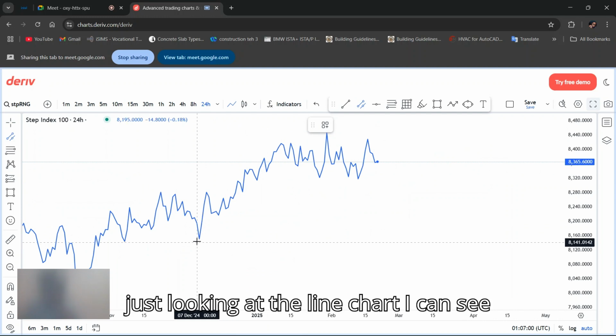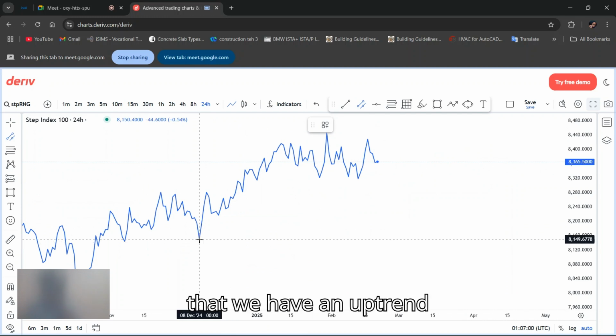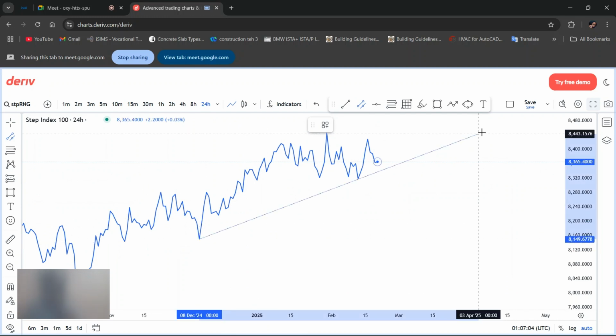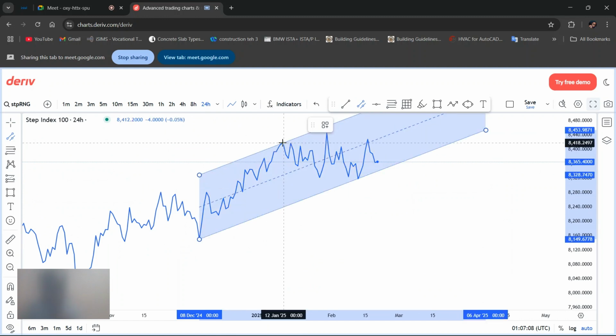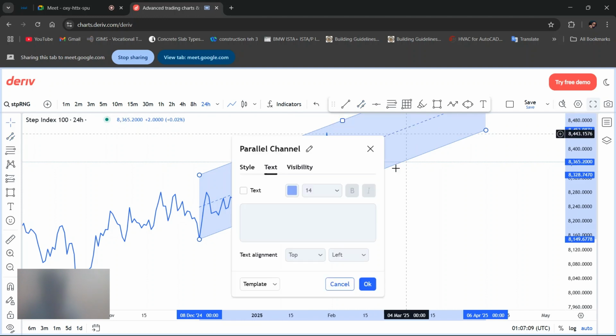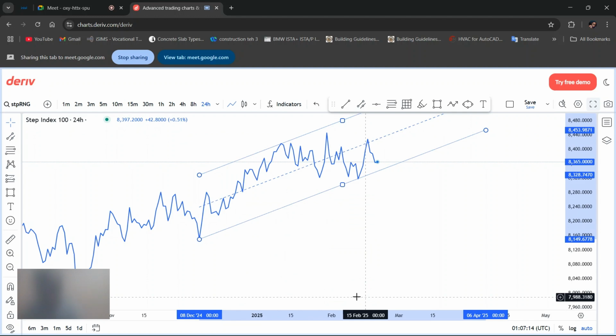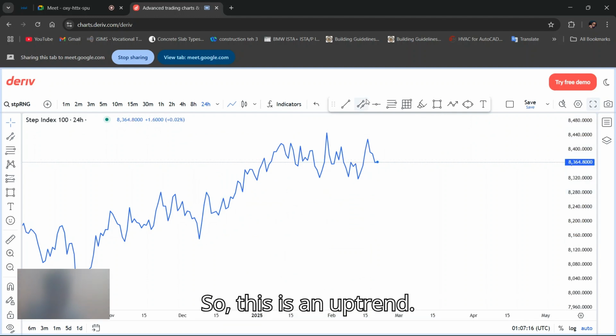So just looking at the line chart, I can see that we have an uptrend from here to this point. So this is an uptrend.